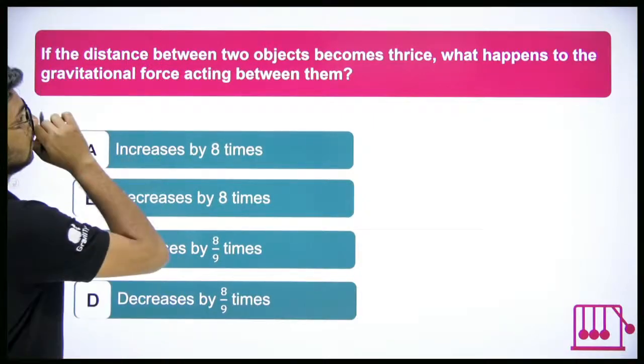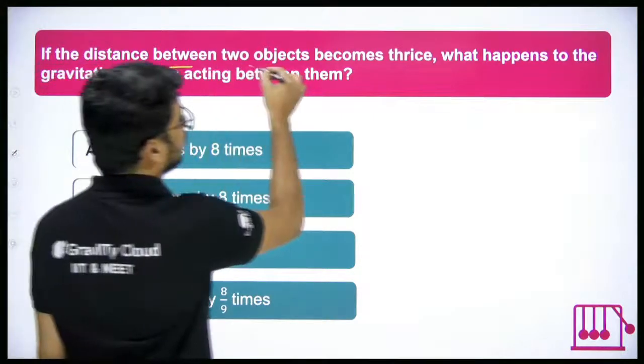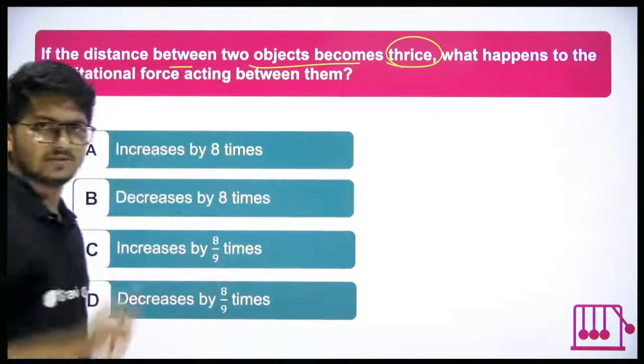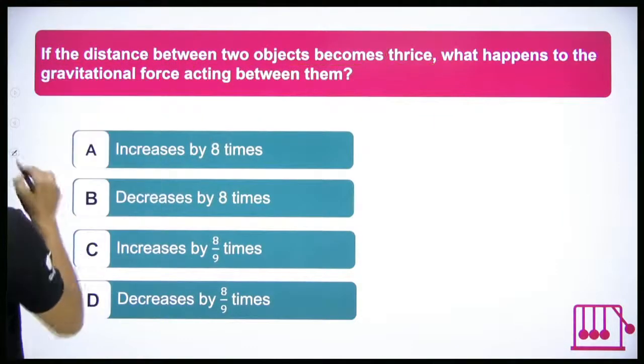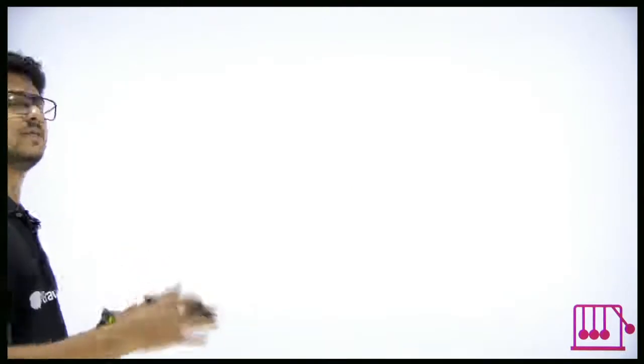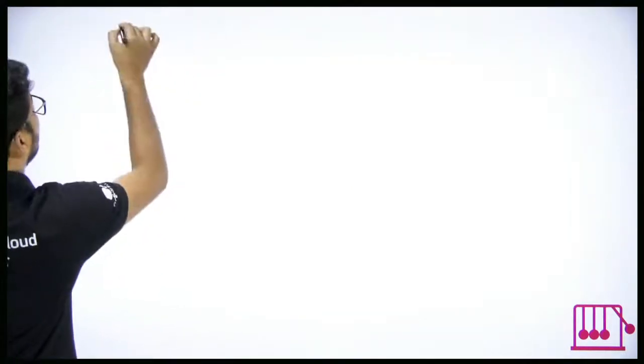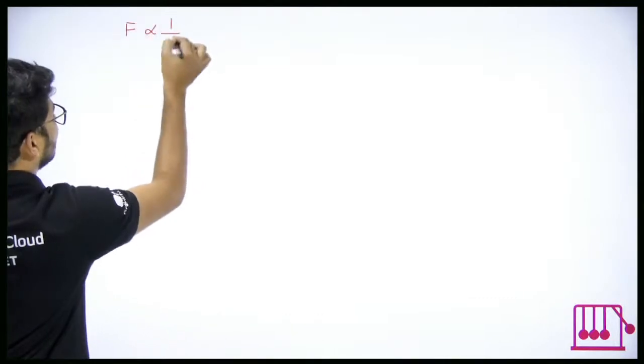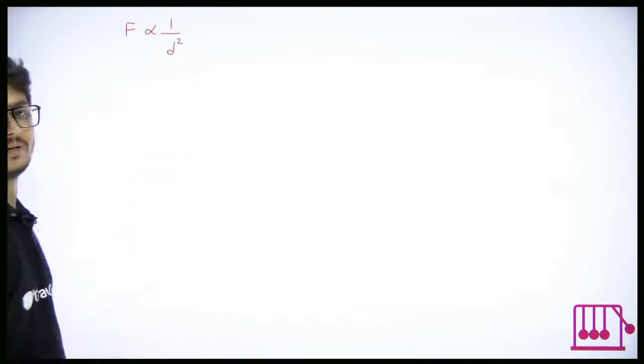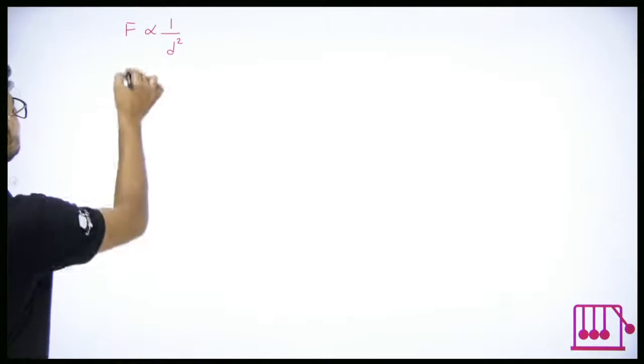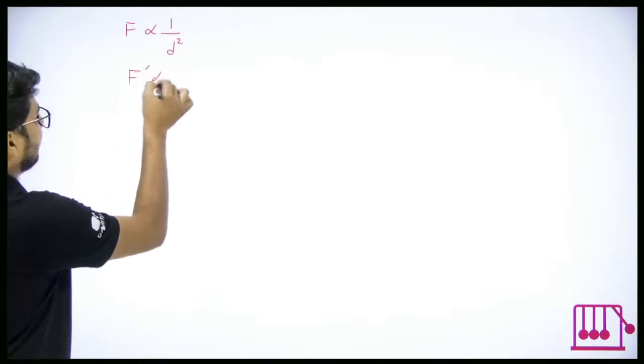Here, the distance between the two objects becomes thrice, 3 times. And what happens to the gravitational force acting between them? Now let's directly use the inverse square law. We know that force is inversely proportional to d square. First case. Second case, let's call the force F dash.